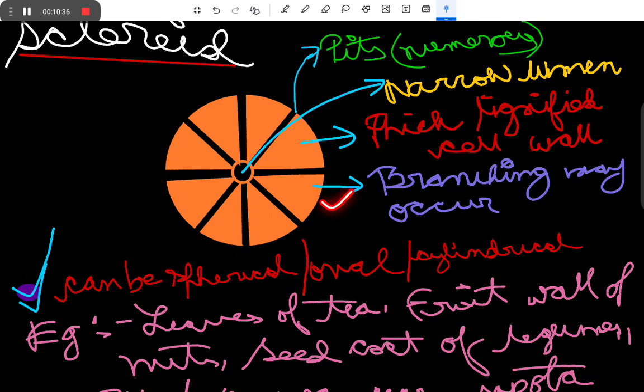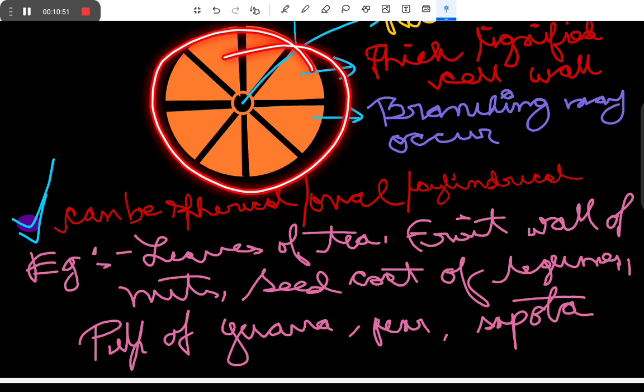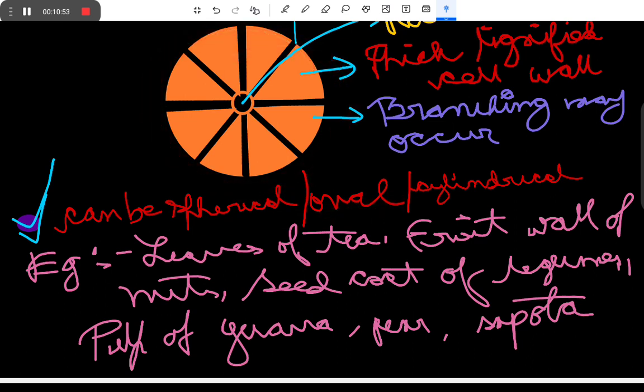Another important thing here is that branching may occur. Like this, it can have many branches also. Now, their shape can be spherical, oval, or cylindrical. You just need to know this.